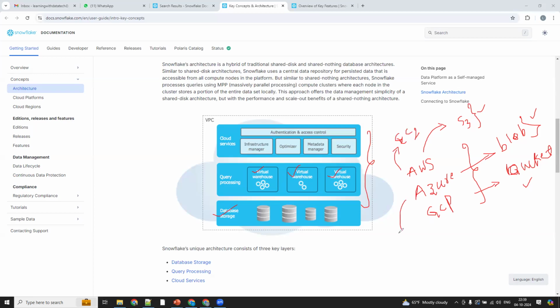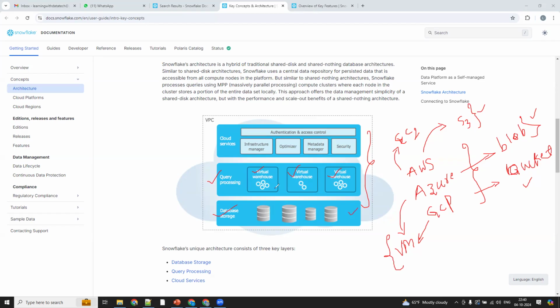In Azure, we call it a VM. In GCP, we call it a VM. Indirectly, in the backend they are creating these VMs and executing your queries. That's what we call a virtual warehouse. Your query is actually processed in this layer. Your data is stored in the storage layer, but your query is processed here.